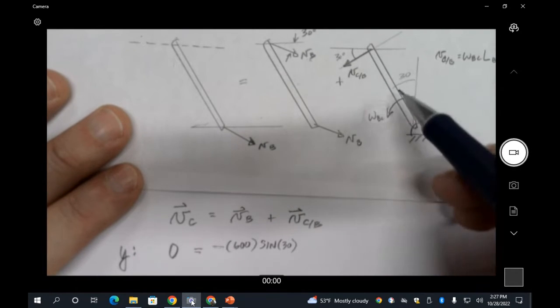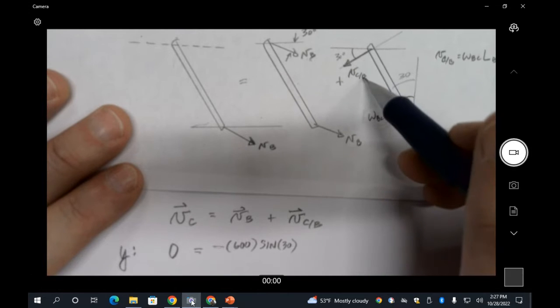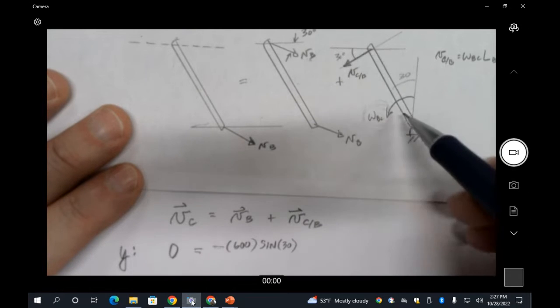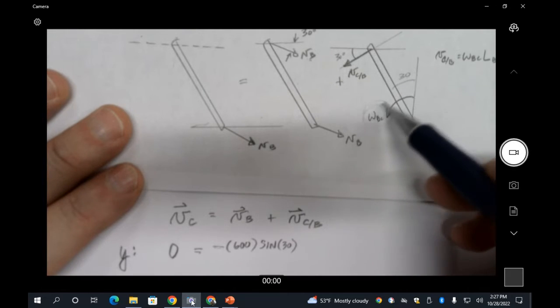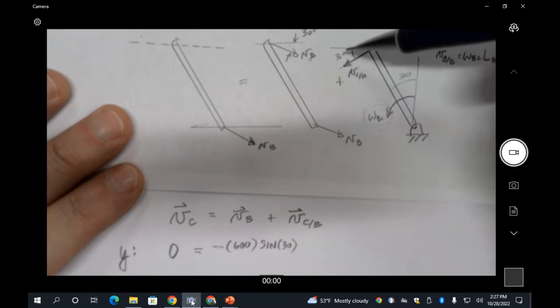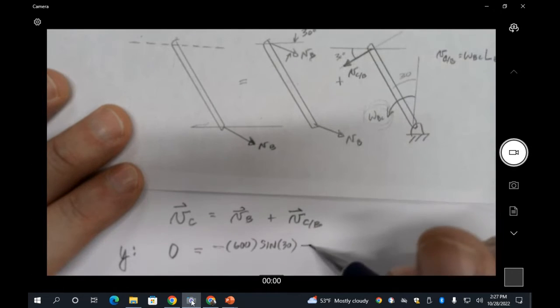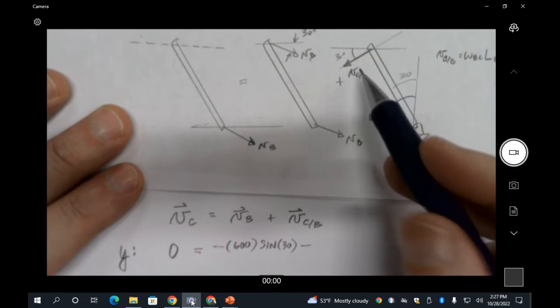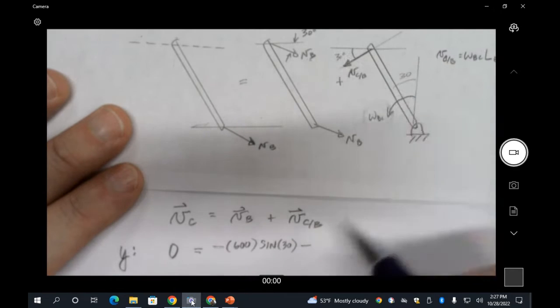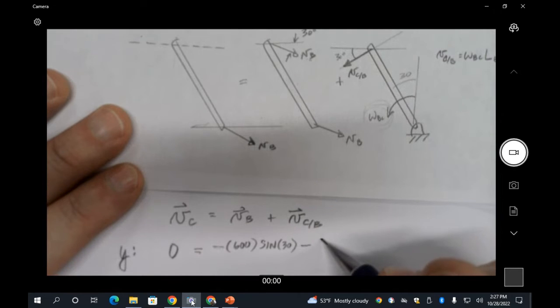Over here, now this is the relative velocity right here. And as I've drawn it, because I chose to guess it was going to be in the counterclockwise direction, the result of that is a negative y direction, which is going to be omega BC times the length of this thing, which is what, 200?